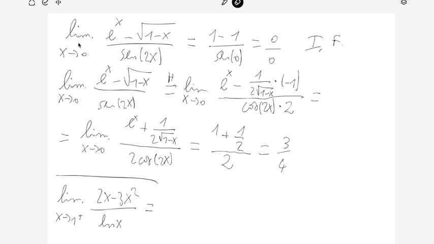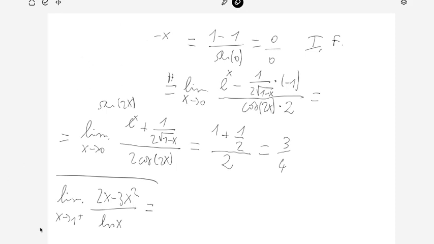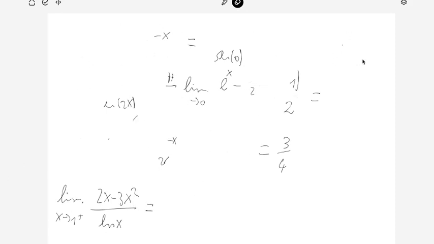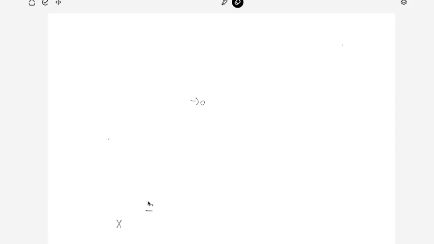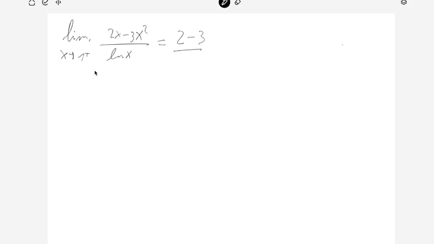Maybe it is better to erase before, because we need more than one line. Okay, so the limit was the limit when x converges to 1 plus of 2x minus 3x squared over logarithm of x. If you substitute, you obtain 2 minus 3 over the logarithm of 1 is 0. So this is minus 1 over 0.